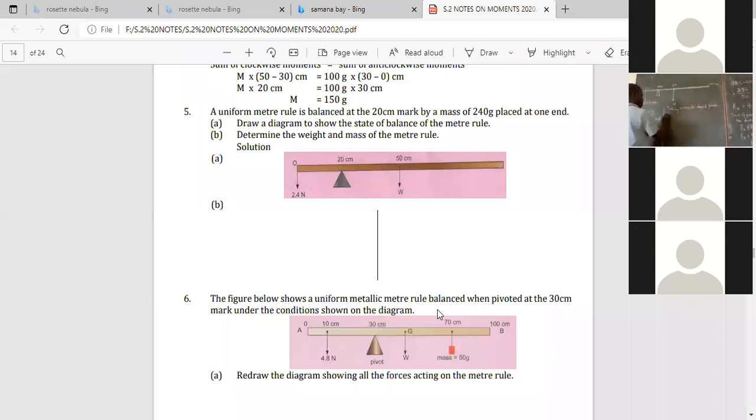So we have the sum of clockwise moments equal to the sum of anti-clockwise moments.